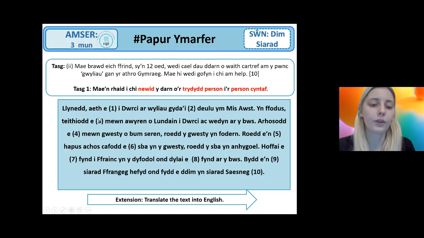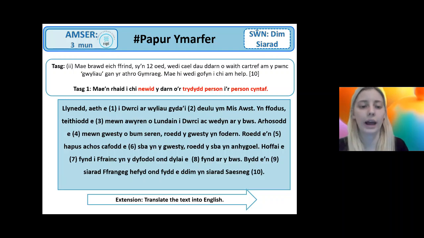So if you have a look at the first one here, Aeth A is he went, and we need to change that to I went. We had that earlier in the table. The easiest way to think about this is maybe think of the English first and then think, what do you need to change it to? Then you got Gydai daily with his family, and you need to switch that to with my family.